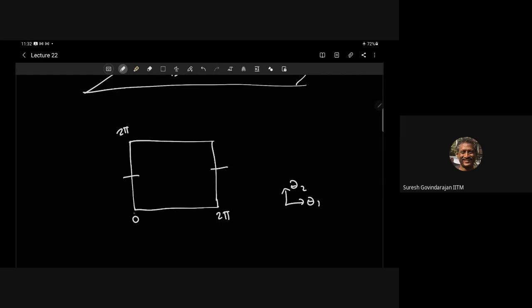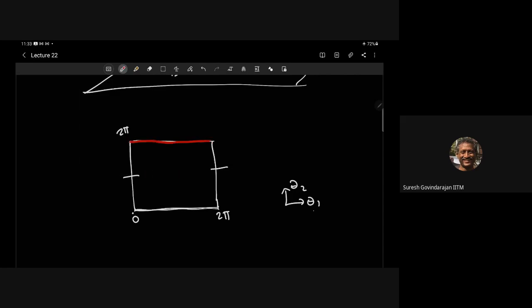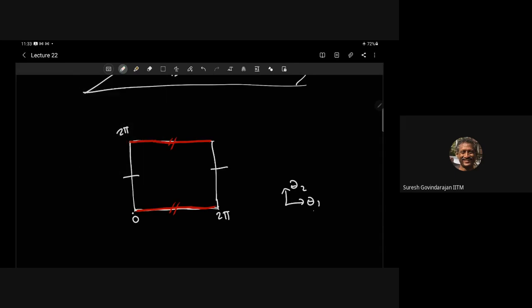Theta 1 equal to 0 is identified with theta 1 equal to 2 pi, and similarly theta 2 equal to 0 is to be identified with this. Okay, this is also a torus.